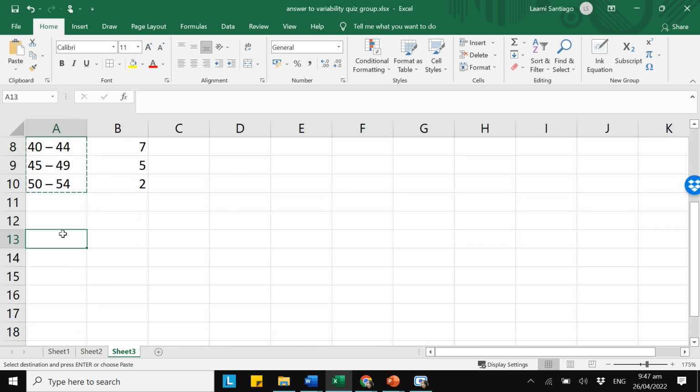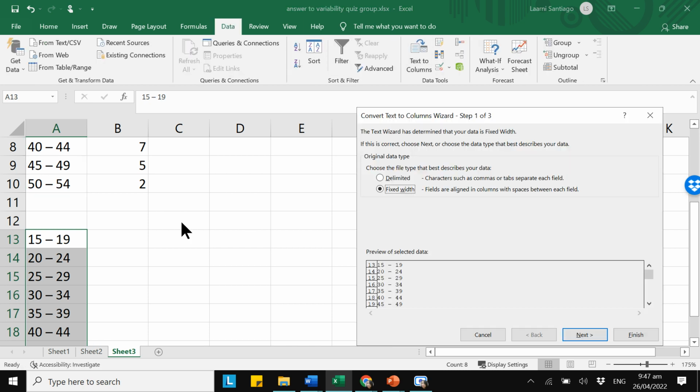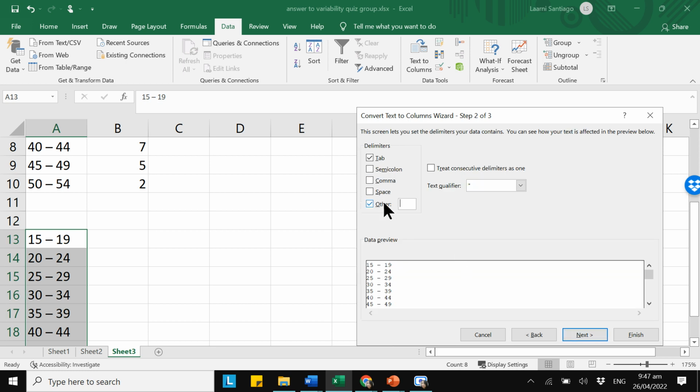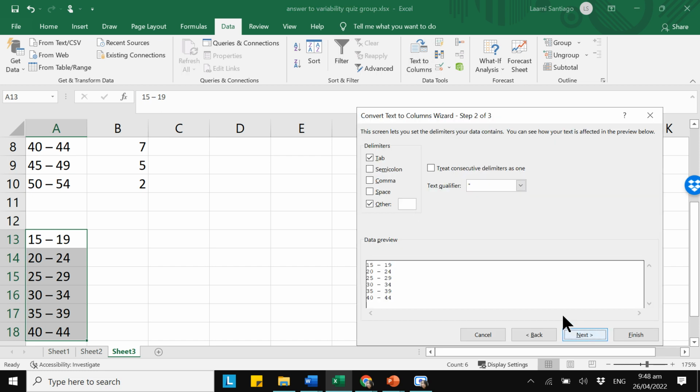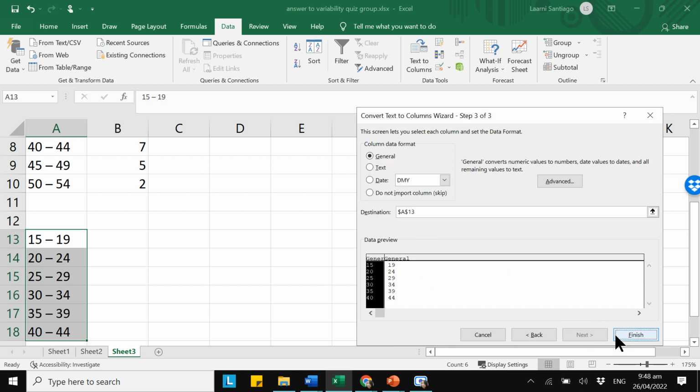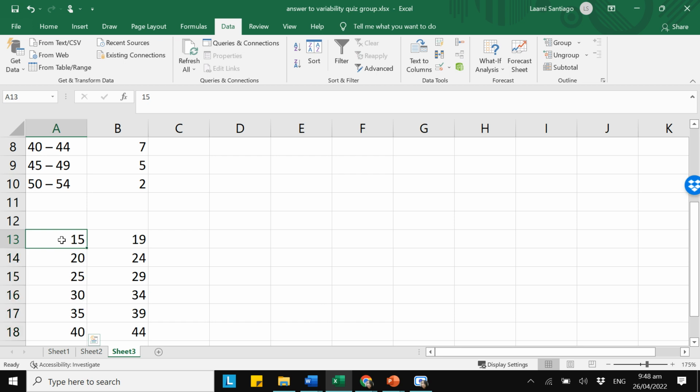So i-paste ko lang siya dito sa baba. And then, kino-convert ko siya as data. Tapos ginagawa ko siyang text to columns para makuha ko yung upper and lower limit at pwede ko siyang gamitin para i-compute. Since gumagamit tayo ng hyphen, hindi siya yung dash. Mas mahaba kasi yung symbology nun eh. So, lagay nyo sa others and then i-paste nyo lang yan. So, nakahiwalay na ngayon yung inyong values.